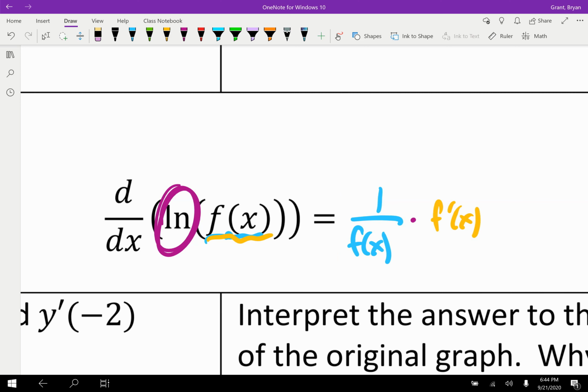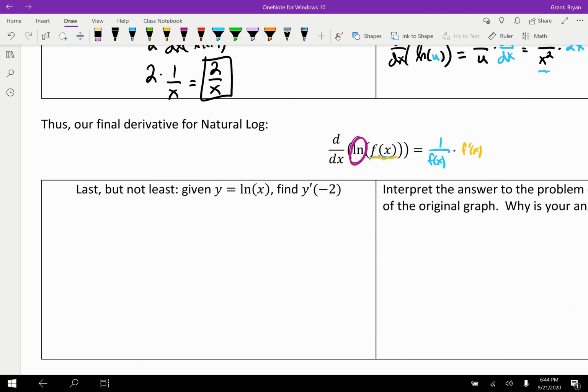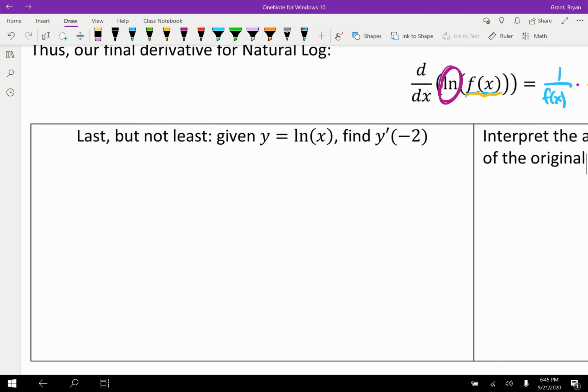So are we done with natural log? Well, almost. I think there's a little bit more to it. For example, what if we were asked to find y prime of -2 given this natural log? In order to find y prime of something, we need to find y prime of x. So y prime of x is the derivative of this guy, which is 1 over x.